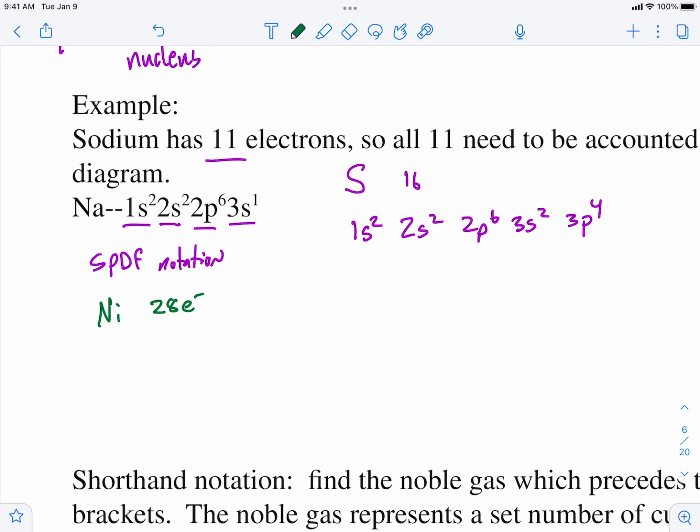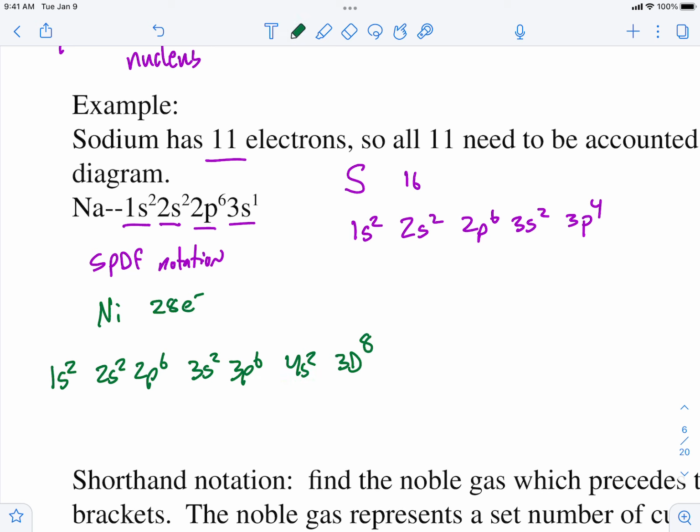All right, so it would look like this. We end on 3d8. Everybody get that? Okay, and again, this is an example where we have that jumping of numbers, right? After 3p, 4s actually comes before 3d.